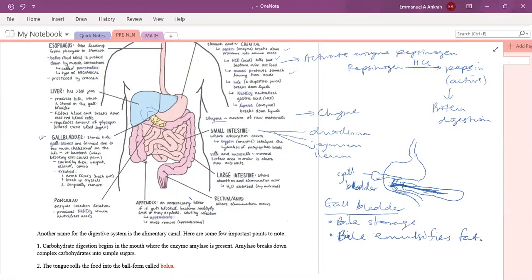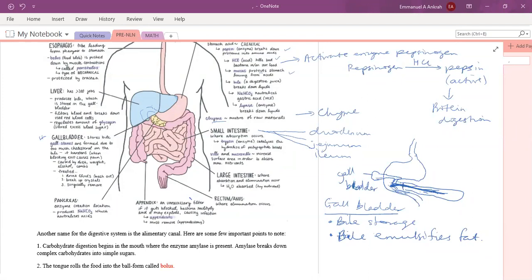It's difficult for fat to mix with the water, but when you have bile in there, it helps to break down the fat into droplets that will mix up with the water for easy digestion. Okay, that's what the bile does. It emulsifies the fat. So remember that keyword, emulsification. Helps the fat to mix up in water, breaks it down into droplets.